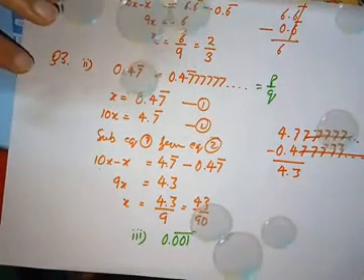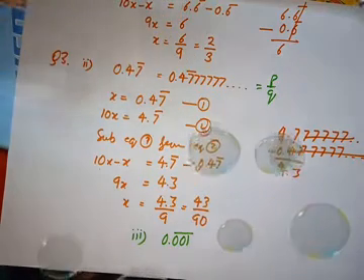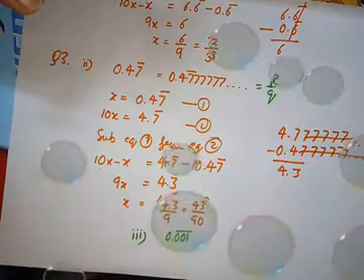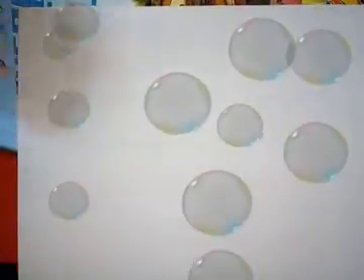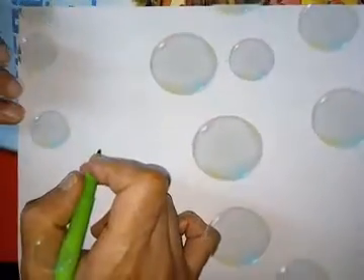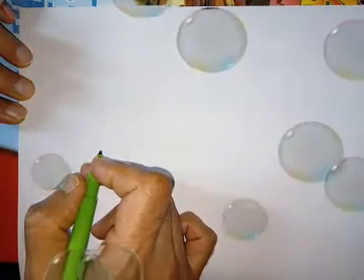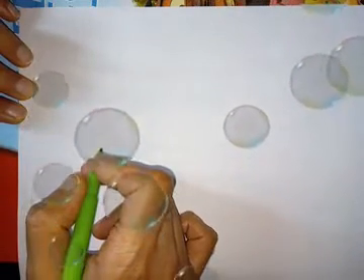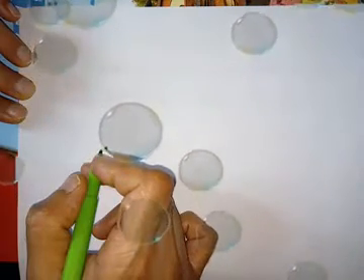Now I am leaving questions number 4, 5 and 6 because these questions require a lot of discussion, and this we will be doing when we meet in the class. And I am straight away going to question number 7. In question number 7 you have to write 3 numbers whose decimal expansion is non-terminating, non-repeating.